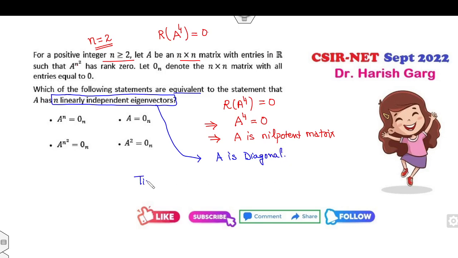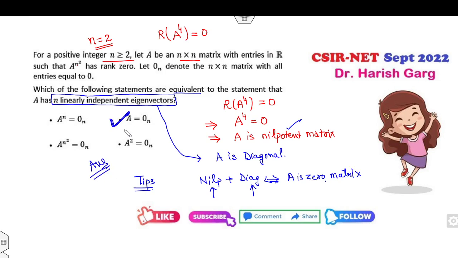Now you must remember this simple shortcut trick: nilpotent matrix plus diagonal matrix if and only if A is the zero matrix. So A is nilpotent, and A is a diagonal matrix if and only if A is the zero matrix; that is the right answer of the problem.